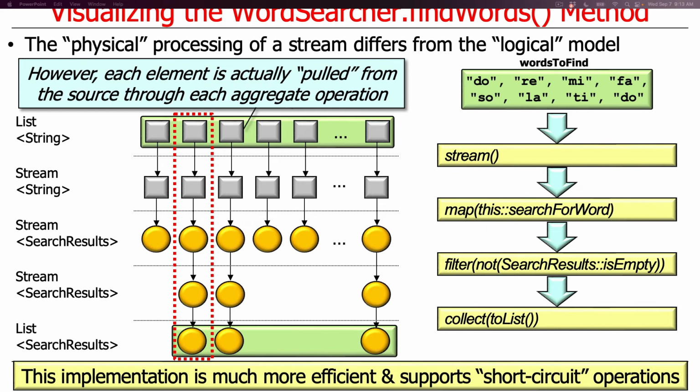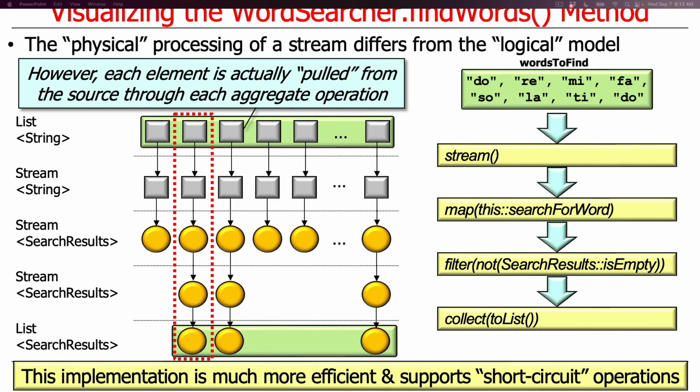So it'll first start with the first element, and that element will be pulled through the various operations in the stream, terminating in the terminal operation, the collector. So each of these items will be pulled through, and the operations will be performed on them from left to right, top to bottom.